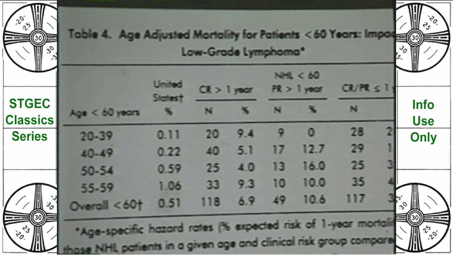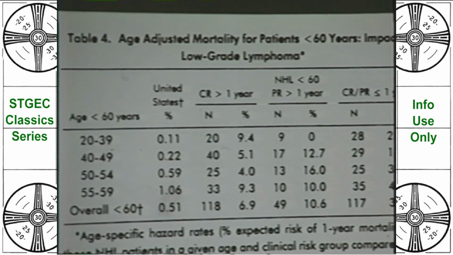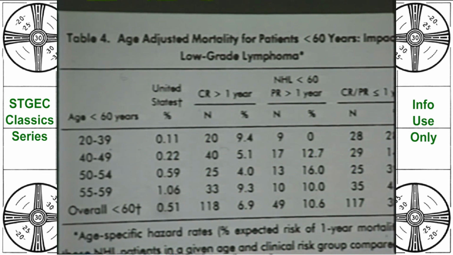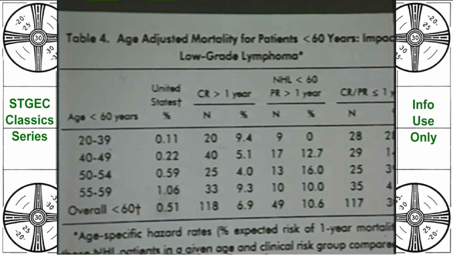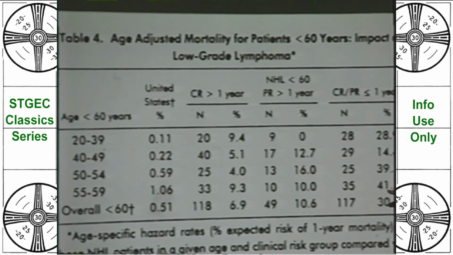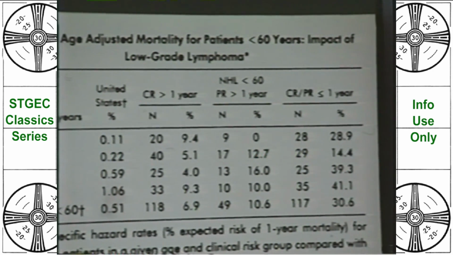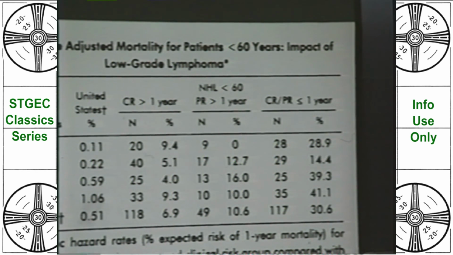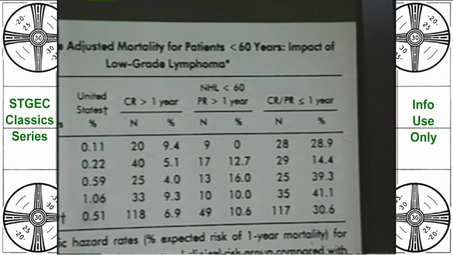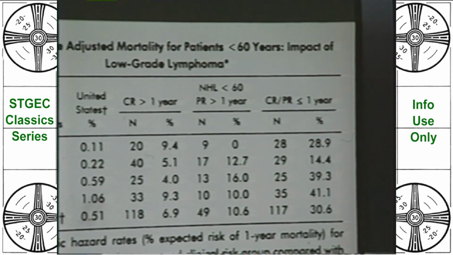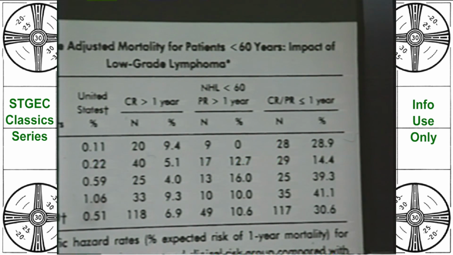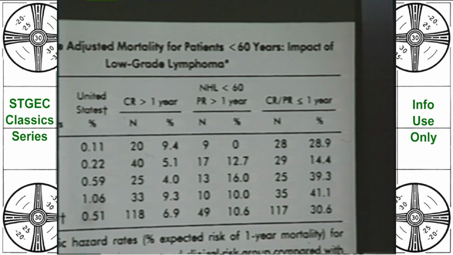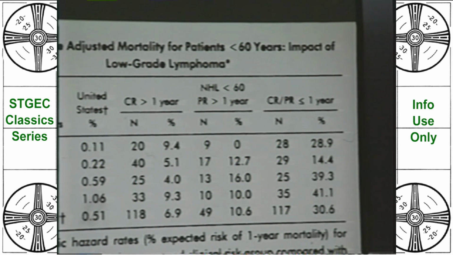But if you have a low-grade lymphoma, the one that we say, well, it's not bad, and you never had a response to chemotherapy, your chances of dying in that year are 41%, which is like 80 times that. So it's not a good disease to have, and it's something to keep in mind that some of these patients need treatment early, or at least we shouldn't tell them, gee, your disease is not very serious.